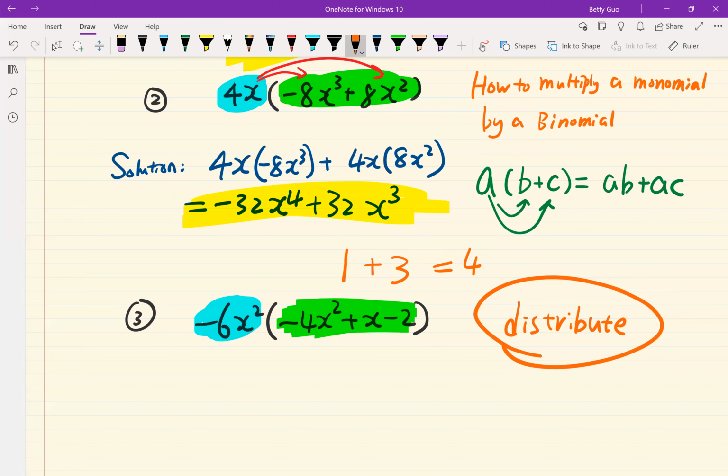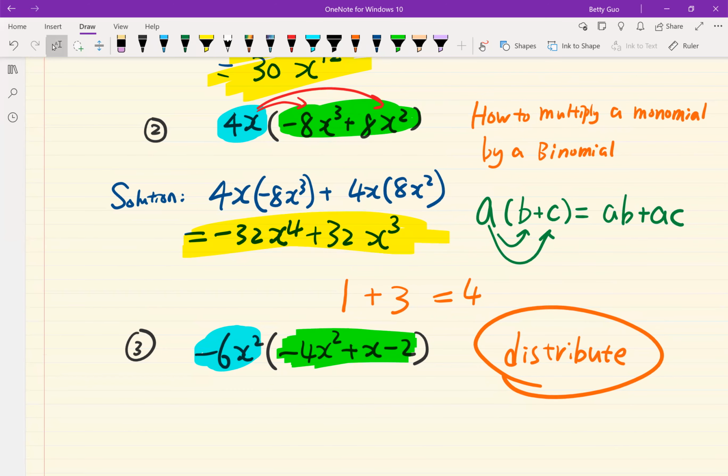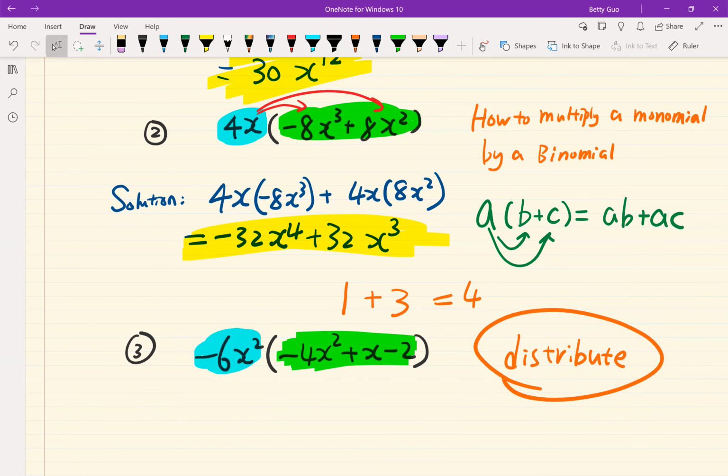Then you add them up. I would recommend you write more details. I notice you want to get a result in one step. That's not a good idea. I don't even do that. I could, but I don't, because it's likely to make a mistake if you try to do everything in your head.